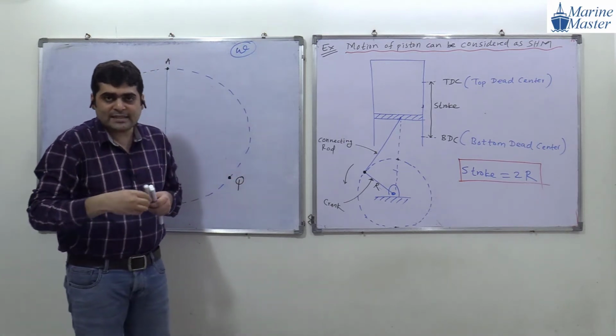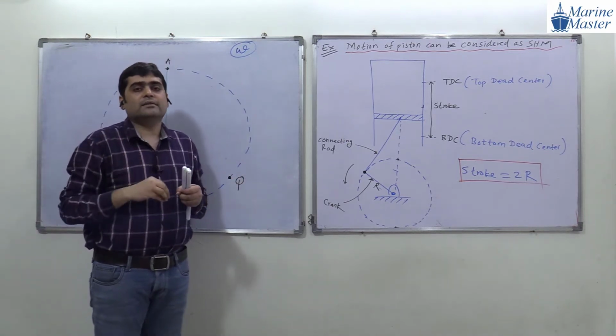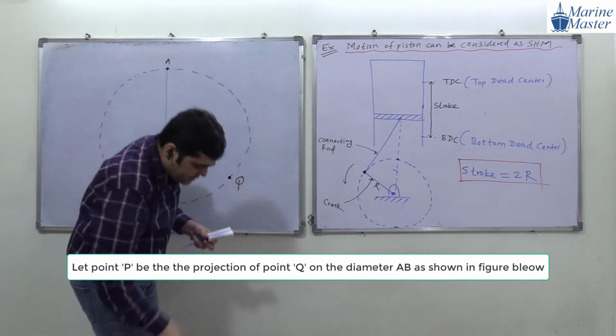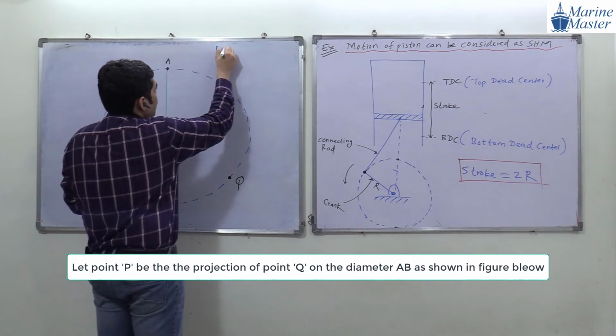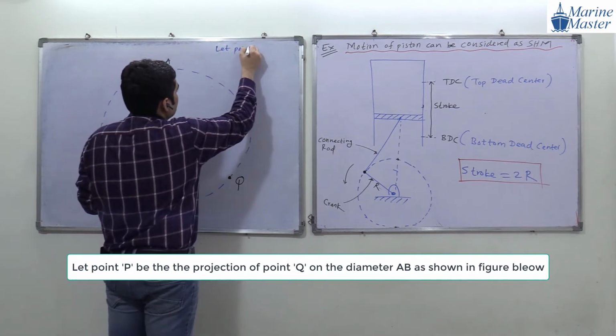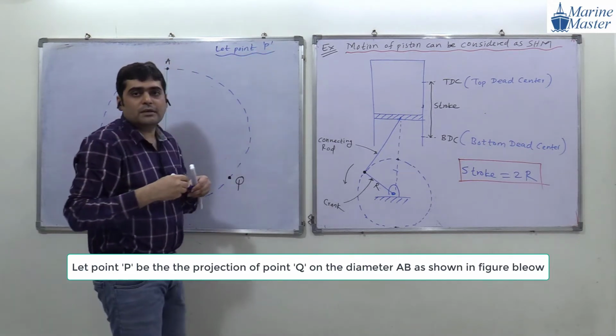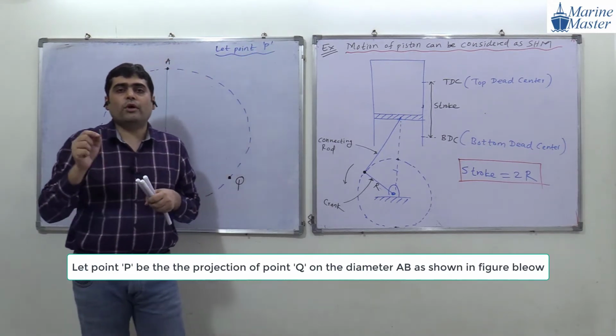Now the next sentence, guys, in the next line: let point P be the projection of point Q on the diameter AB. Everyone write it down.